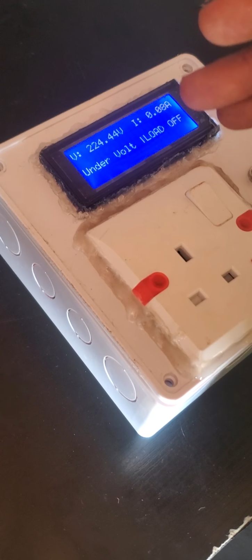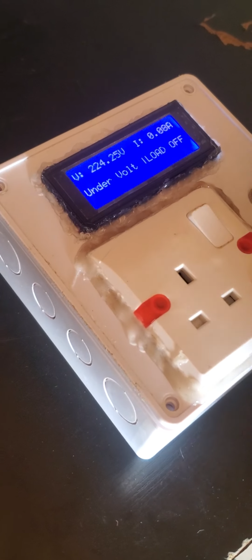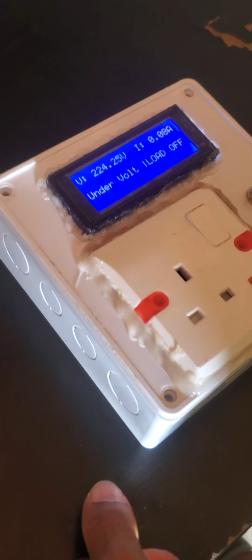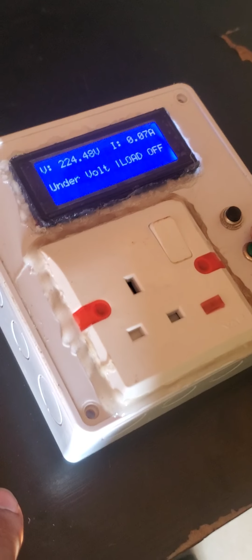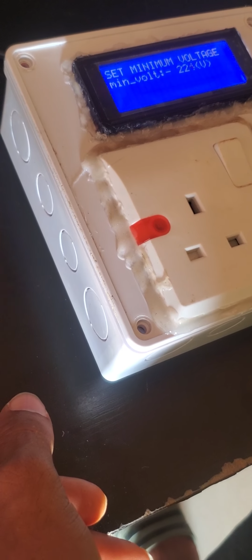What is normal? If it's normal, it means that our minimum voltage, let's set it in the menu, should be 200. Let's set it to 200. So let us decrement to 200.